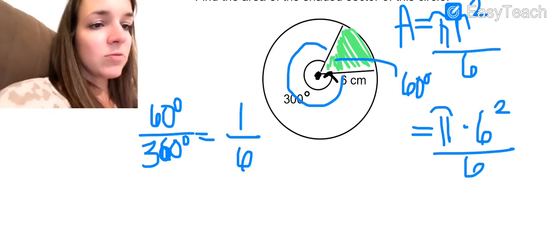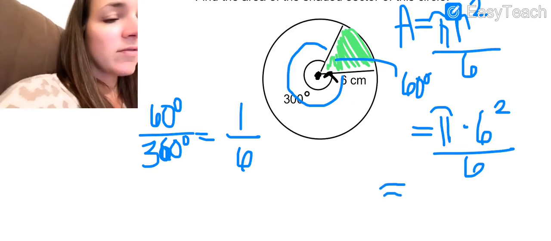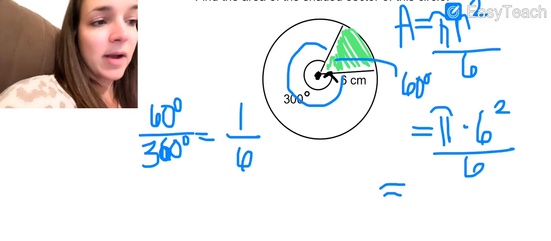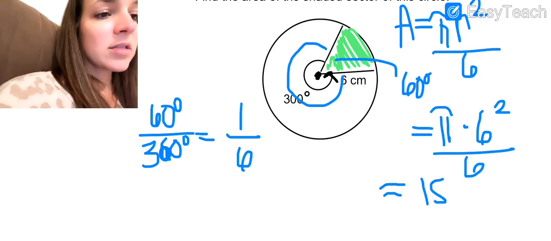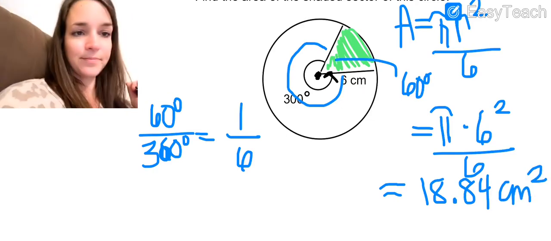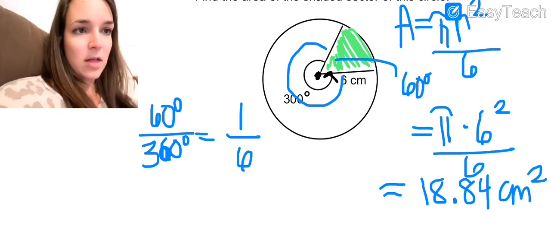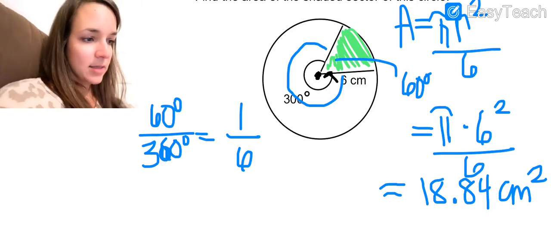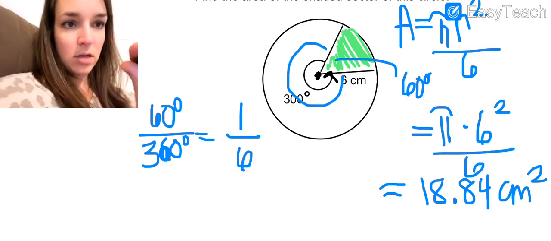All right, so when you multiply that out, and you're using 3.14 for pi here, it should give you approximately 18.84 centimeters squared. Okay, let's look at another one.